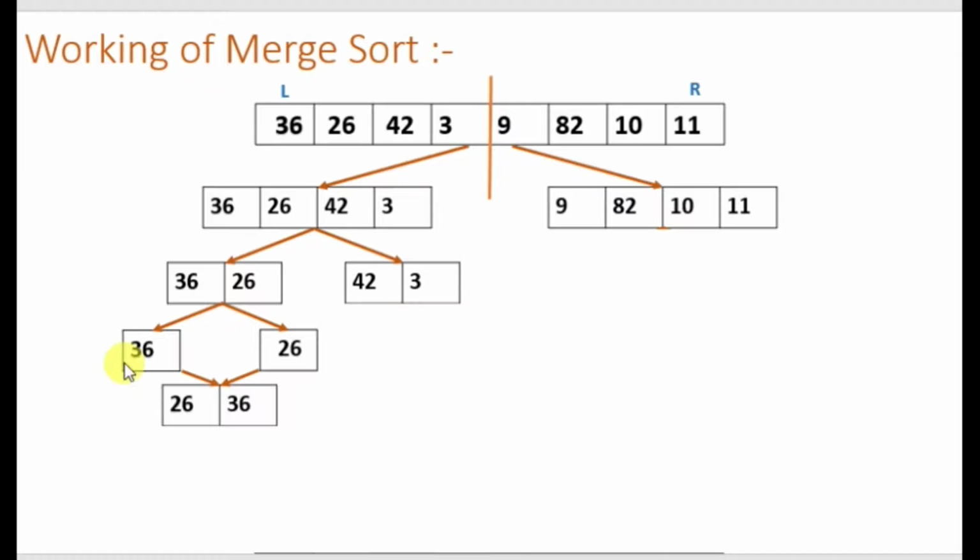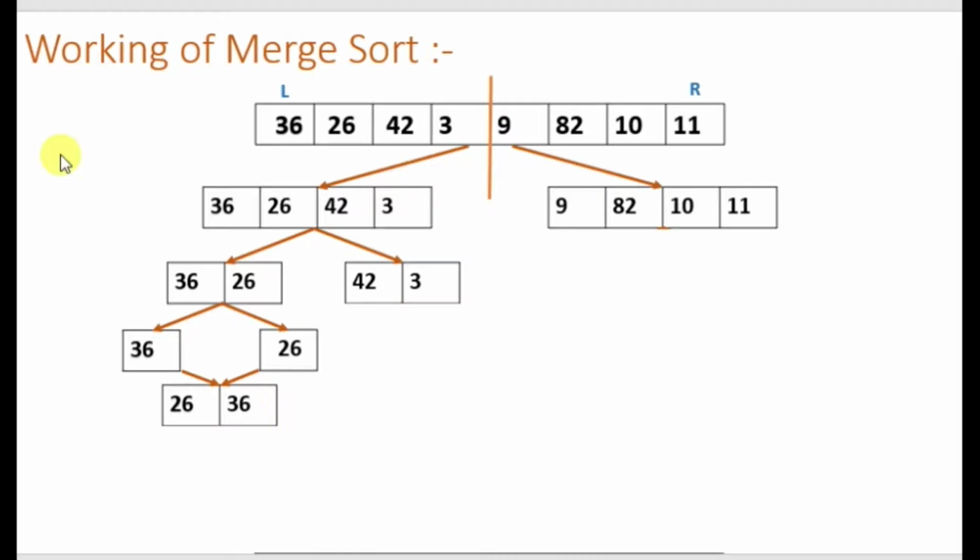To merge these two elements, merge sort applies the merge procedure which we have seen previously. In the merge procedure, whichever is the smaller element gets the first place in the resulting array. So 26 will come first and 36 will go later.